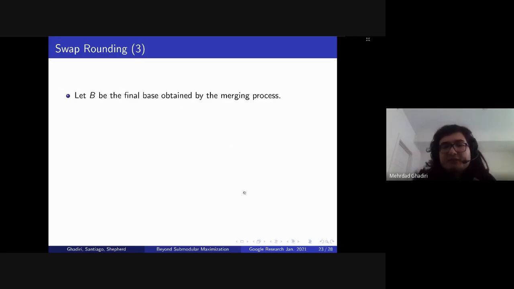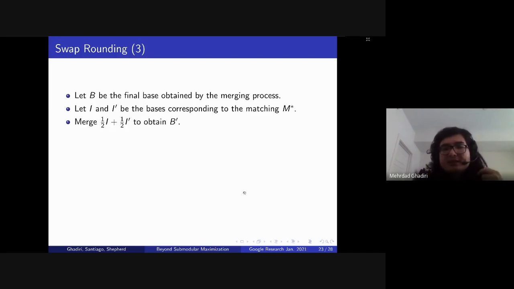Suppose B is the final base obtained by the merging process after we merged all of the bases. And let's say I and I prime were the bases corresponding to the matching M star, that maximum matching. Then I take this new base.